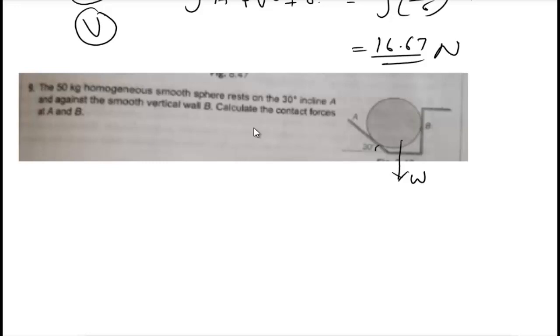And since it is resting at this position, a reactional force will be acting perpendicular to the plane. This is the reactional force, the normal reaction acting at the point A. In the same way, from B also, perpendicular to the wall, a normal reaction will be acting from the point B. These are the forces, and don't forget about this 30 degree.